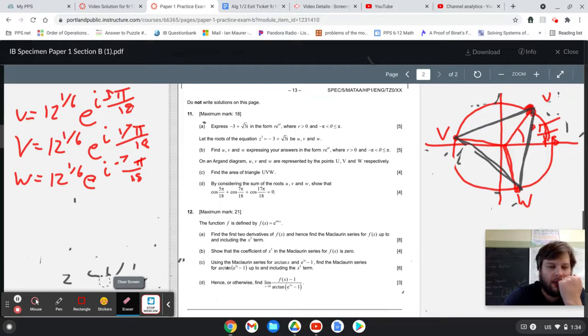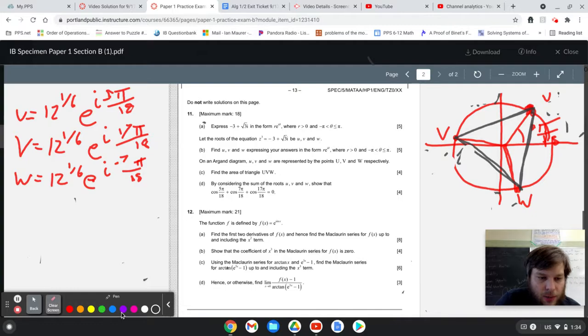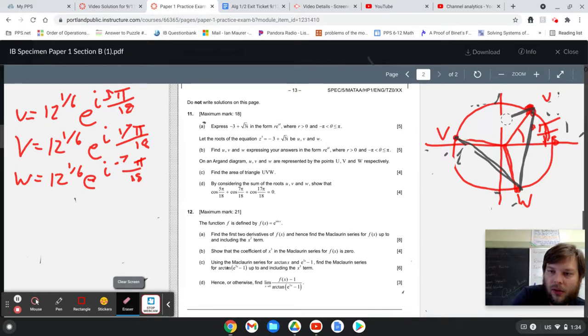So when you add two complex numbers, you're adding the real parts together and you're adding the imaginary parts together. And so you can think of it graphically like you are creating a parallelogram. And so if I wanted to consider the sum of the roots u, v, and w, one way to do that, here, let's actually erase that triangle.